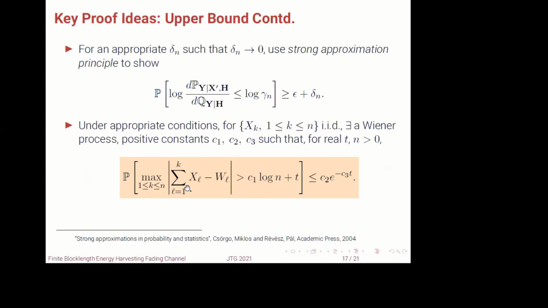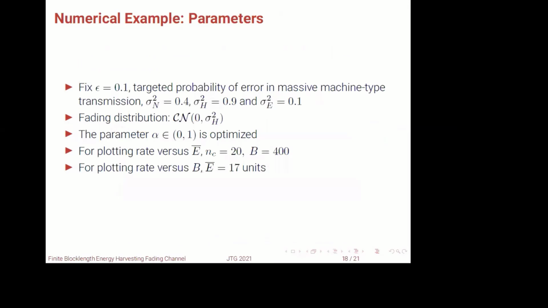As you can see, to compare it with the Berry-Esseen kind of bounds, this is a probability term, and it is a bound on the maximum of partial sums of random variables rather than the full sum of random variables, as you will see in the Berry-Esseen theorem. So in that sense, this is a refinement. We use this particular result to further analyze the probability term. That is about the key steps involved in the proof.